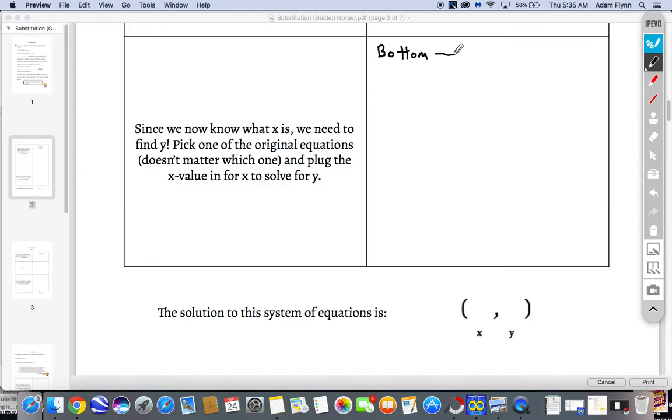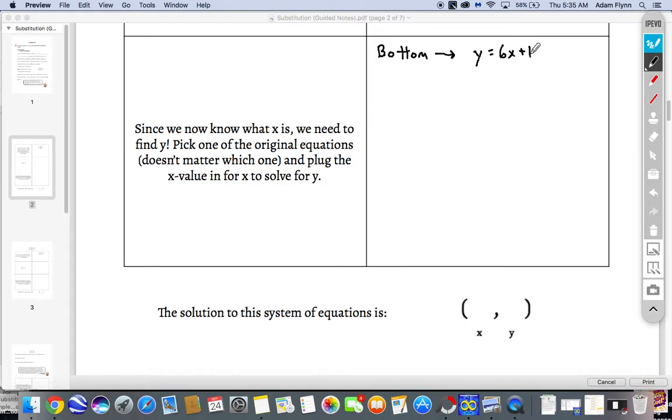So I'm taking the original bottom equation, which was y equals 6x plus 1, and what I'm going to do is I'm just going to replace this x with the negative 1 that I just found.